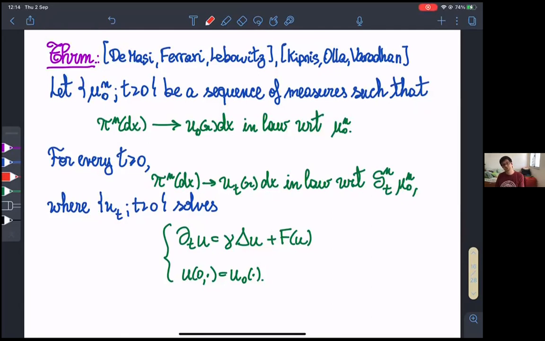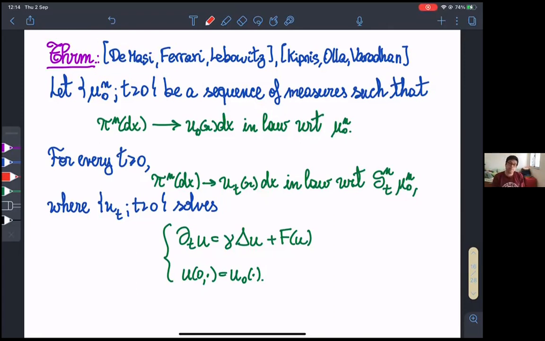But what changes is the measure that you put on the space omega n. So the measure that you put there is the evolution of mu0 under the Markov chain. So that's what we called S_t^n last time. Now remember that S_t^n of mu was the law of the Markov chain at time t with initial state mu.